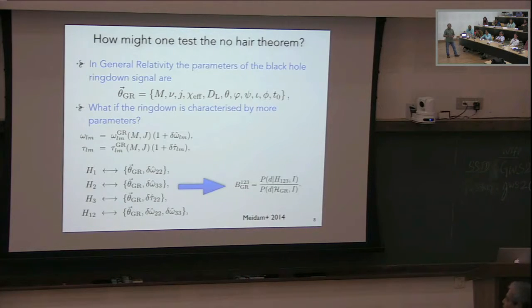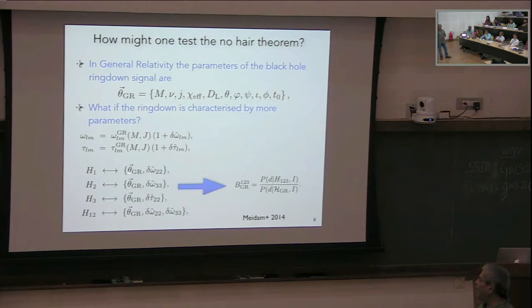What we do is to alter the parameters from those coming from general relativity to test whether or not general relativity is true. Specifically for the ringdown, we introduce additional parameters.